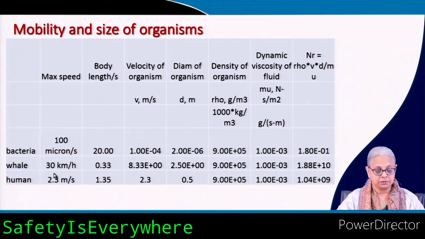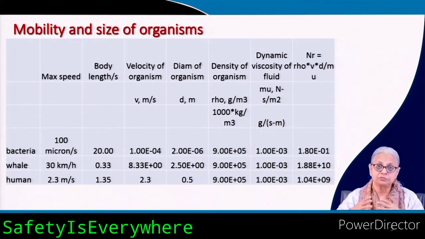For a whale, it's 30 kilometers per hour, and for a human being, it's 2.3 meters per second. I can convert that to body length because I know the length of the organism. So if I want to compare how fast these organisms move, you can see that the bacteria is moving 20 body lengths per second. Just imagine that it is faster on a relative scale.